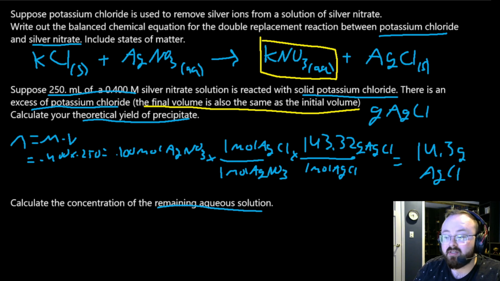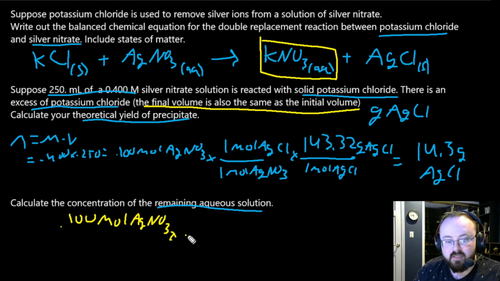Because this question, when we boil it down, is not very complicated. Why? Because I know that my starting value right here is 0.100 moles of AgNO3.